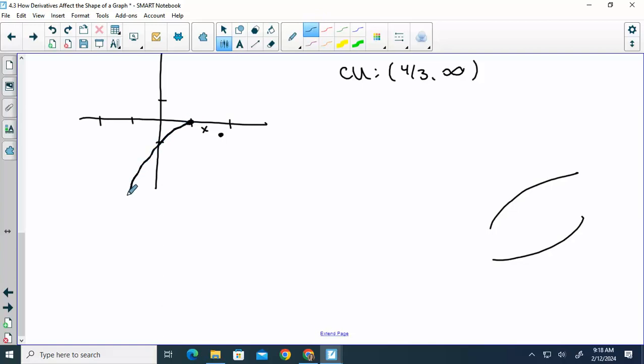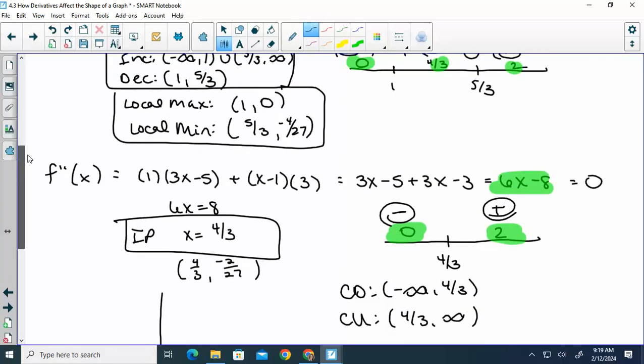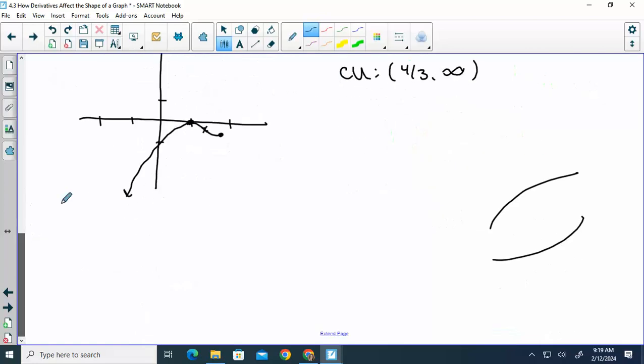So start out like this. Then we still have to be curved down, but we start decreasing. Once we hit our inflection point, our concavity changes, we're curving upward. And when we get to this point, after that 5/3, we start increasing again.